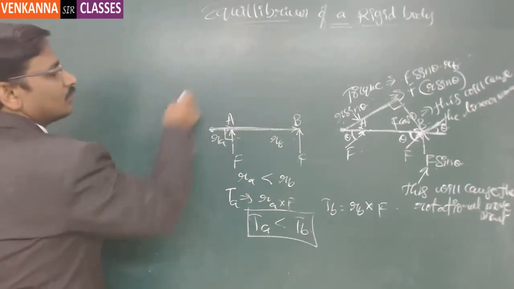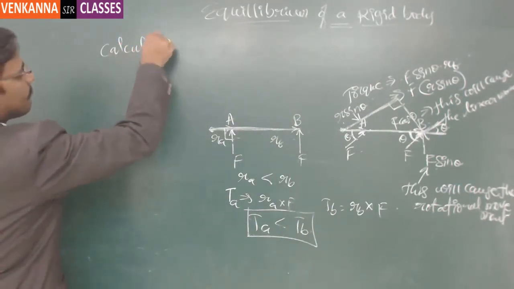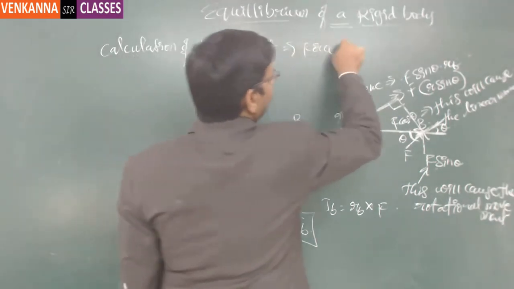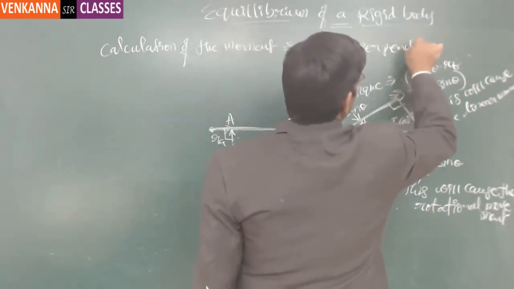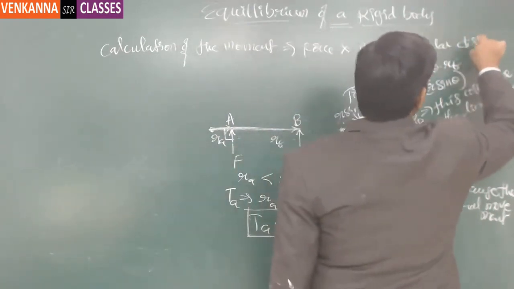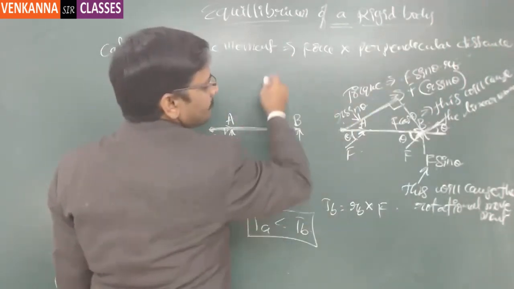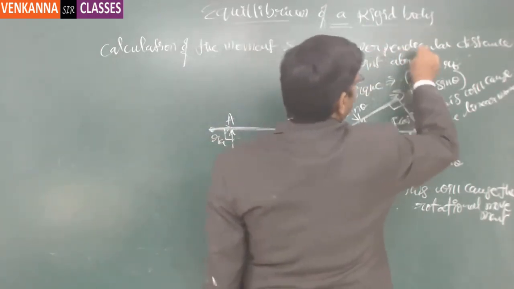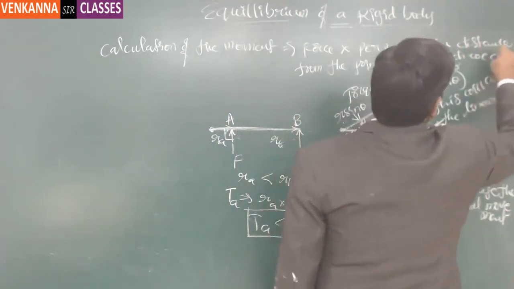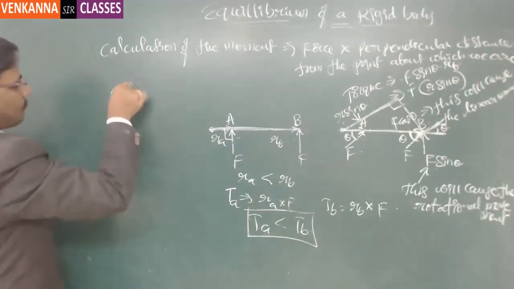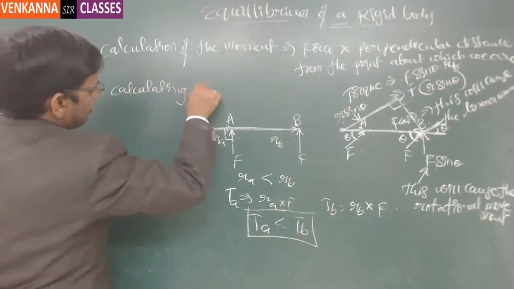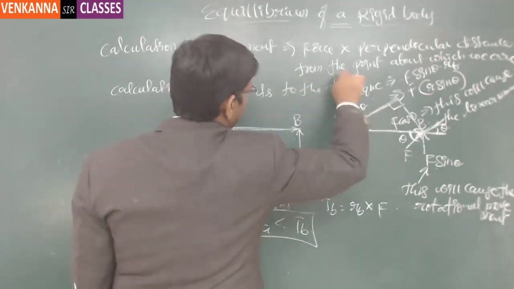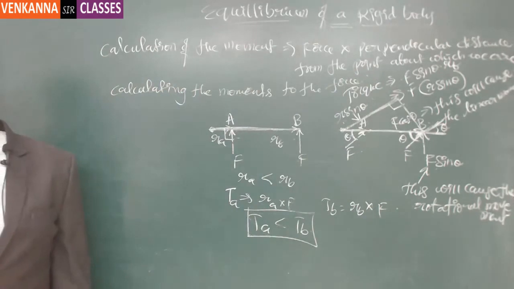Hence, the way we calculate the moment is force multiplied by the perpendicular distance from the point about which we are calculating the moments to the force. Got it? So this is how we will be calculating.